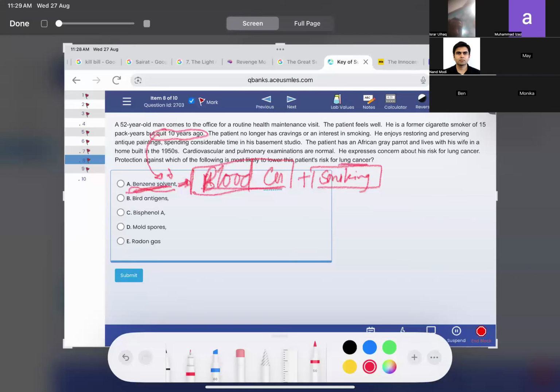They are talking about lung cancer, but he will also have a lower chance of blood cancer like leukemias. Since he quit smoking 10 years ago, there will be less chance of any benzene-type hematological cancer. As for bird antigens, if there are parrots in the home, they will cause diseases, and spores will cause a fungal infection.